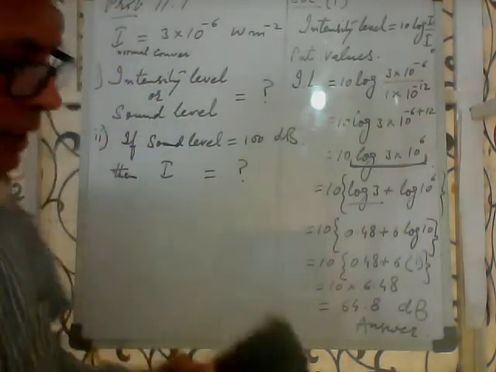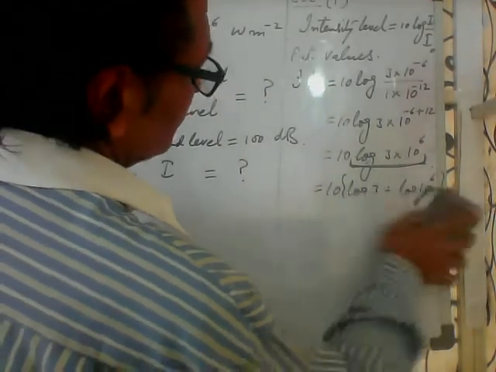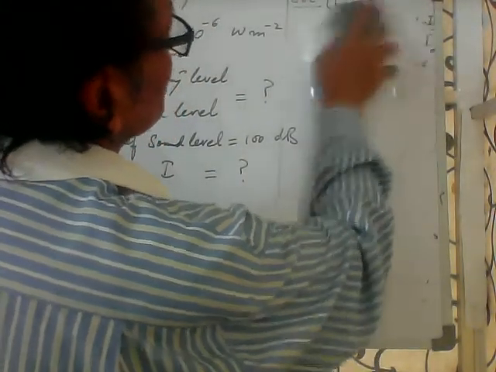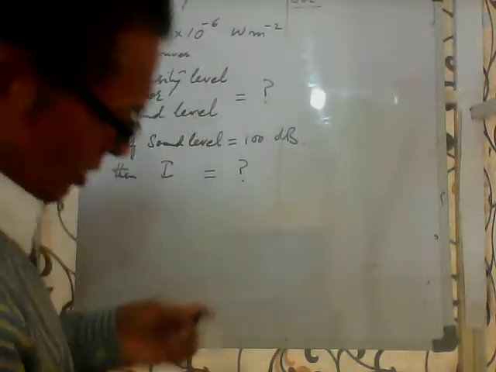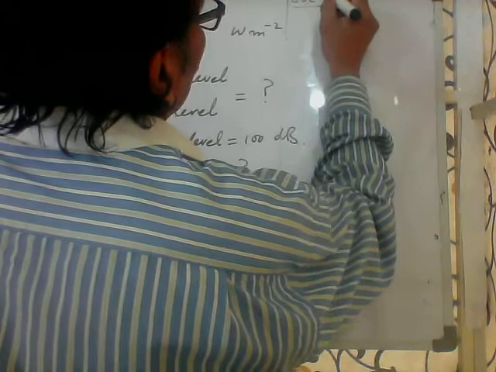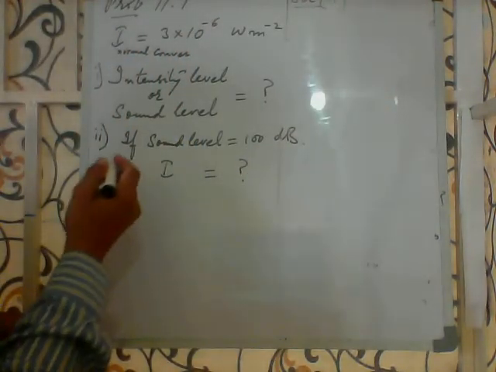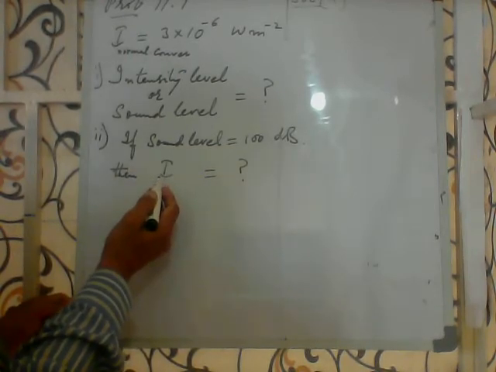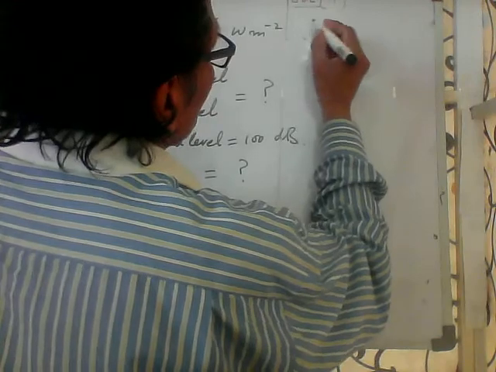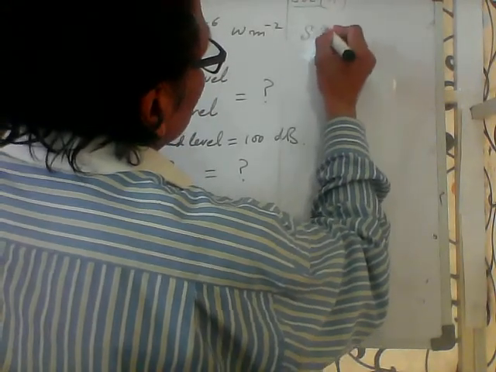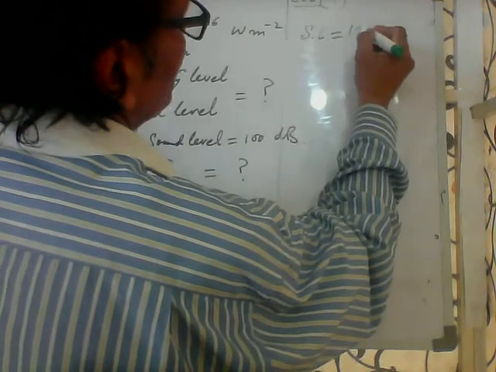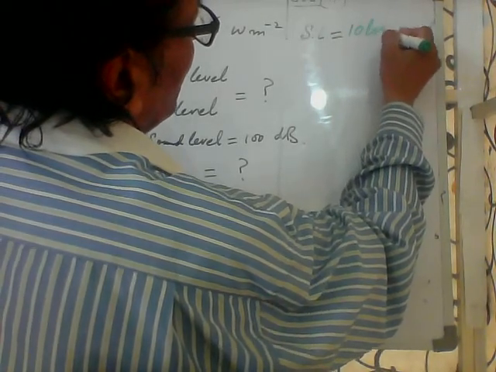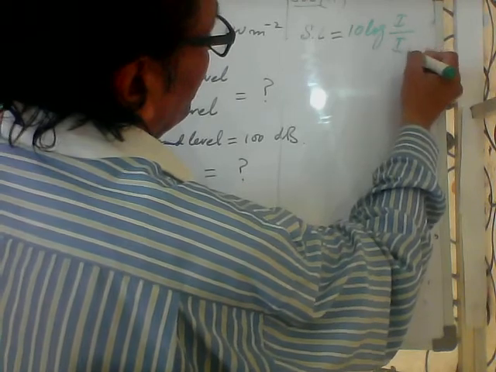Now in its second part, again in part number 2, the sound level is given, intensity is asked. So again the formula is sound level is equal to, wait a minute, sound level is equal to 10 into log of I by I naught.